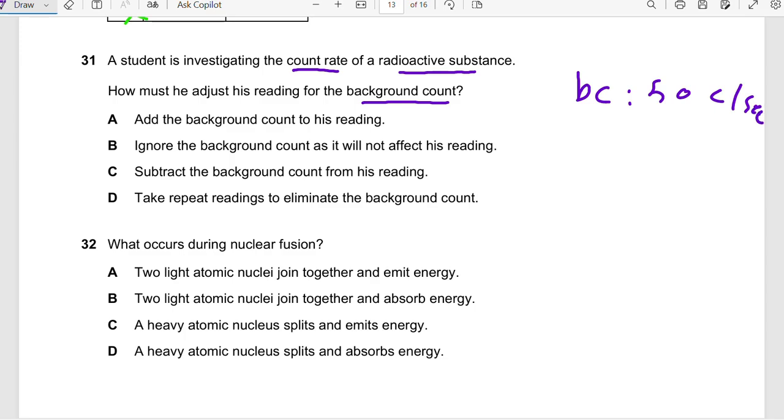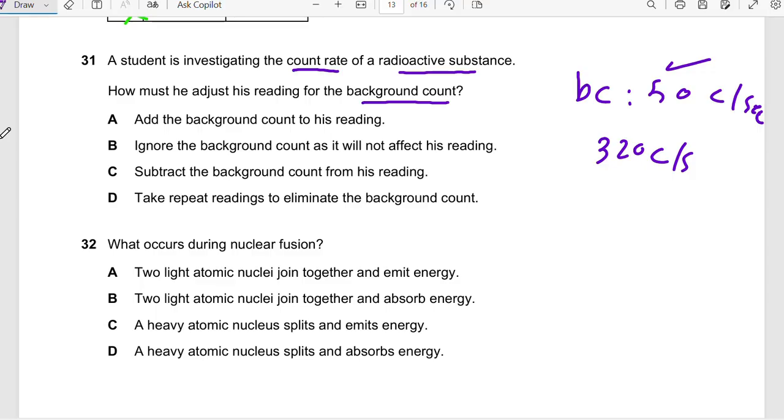If you use the counter and you got 320 counts per second, you have to subtract the background radiation to get the actual radiation in a specific area. So here we need to always subtract.